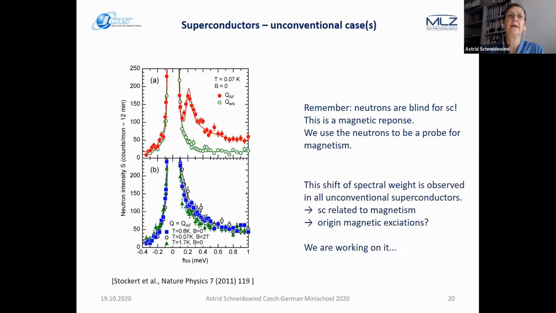And what we learn from that is that this kind of superconductivity is definitely related to magnetism. Now we can start to find the overall feature in all these different compounds, with all the different spectra and structures, to find out about the origin of the magnetic excitations and the relationship between these magnetic excitations and the superconductivity.